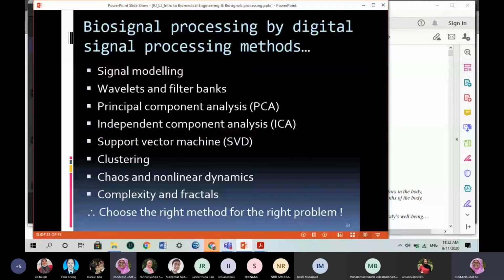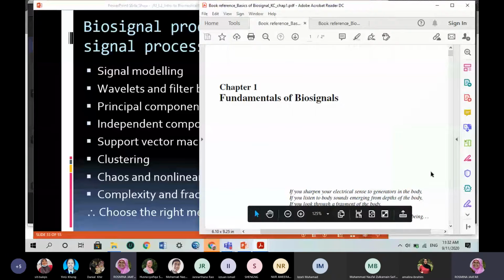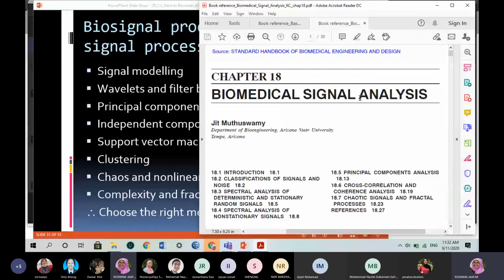Like for example, a sensor can be represented as a capacitor and resistor model. Like for example, I show you, not this one.